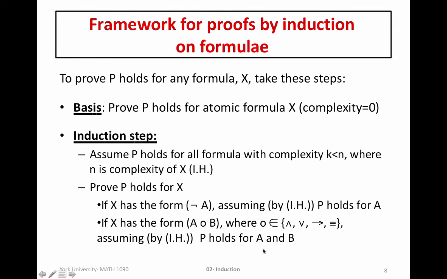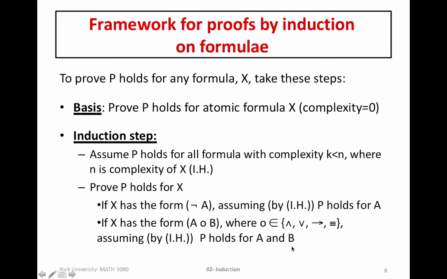Again, notice that A and B, the well-formed formulae that make up x, have complexity strictly less than n. We know that in fact the complexity of x is equal to the complexity of A plus the complexity of B plus 1. So each of these formulae A and B have complexity strictly less than n.